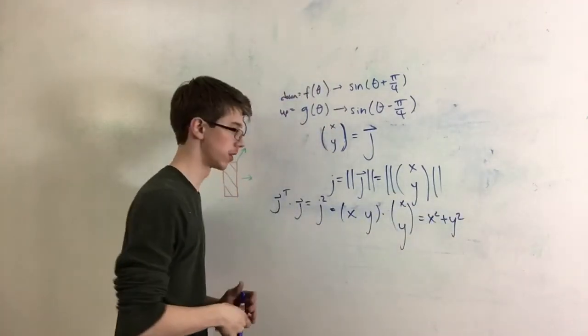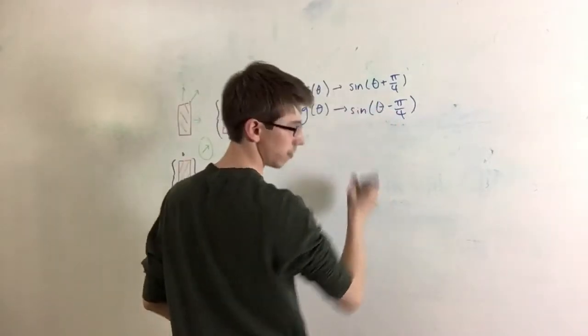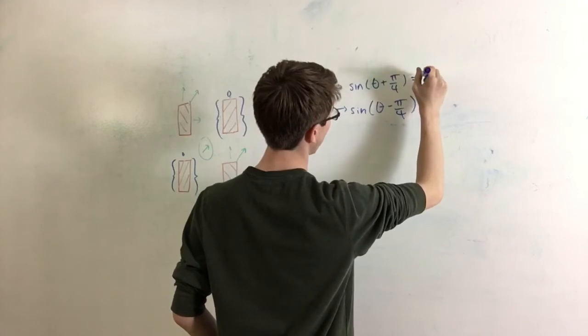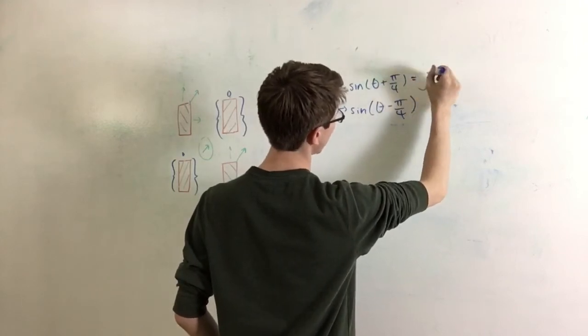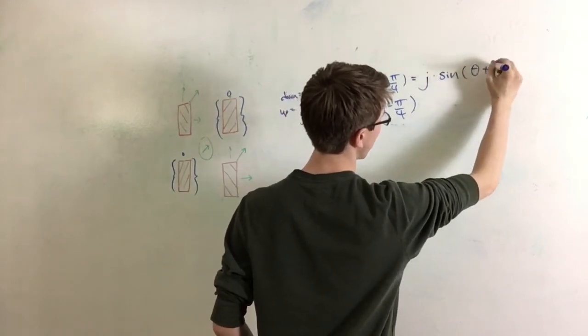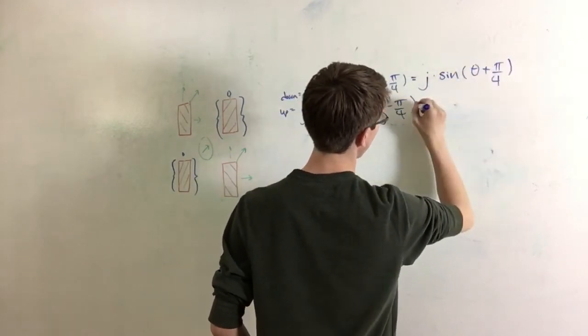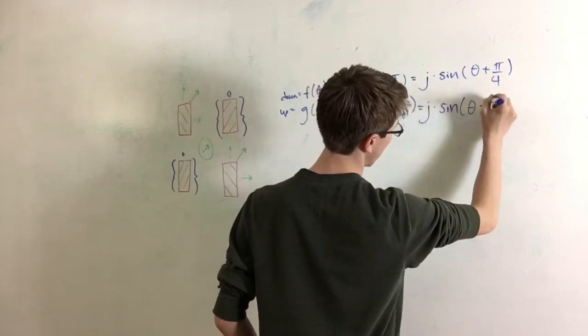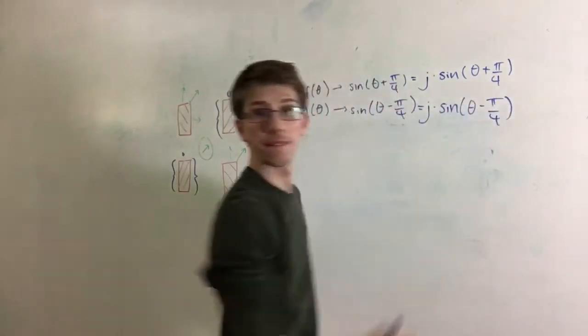So it's just going to be the square root of that. Now we know that this function is going to be our magnitude j times the sine of theta plus pi over 4, and this is equal to j times the sine of theta minus pi over 4.